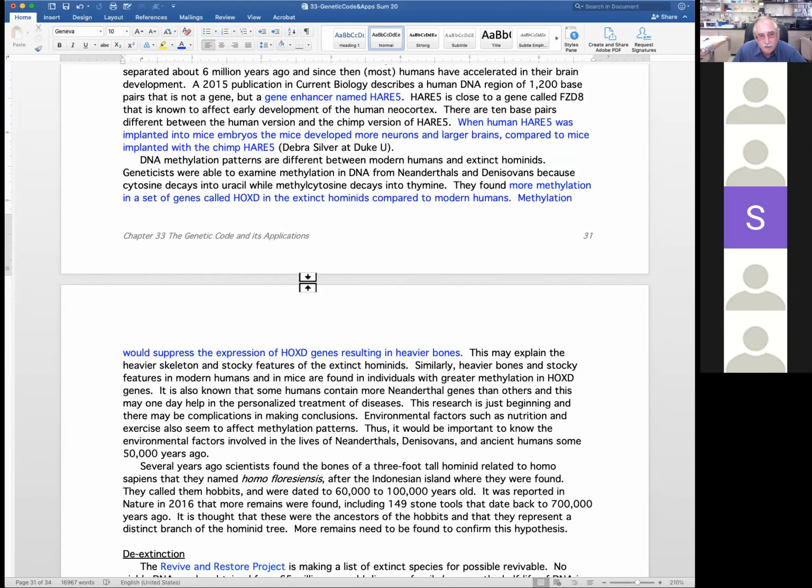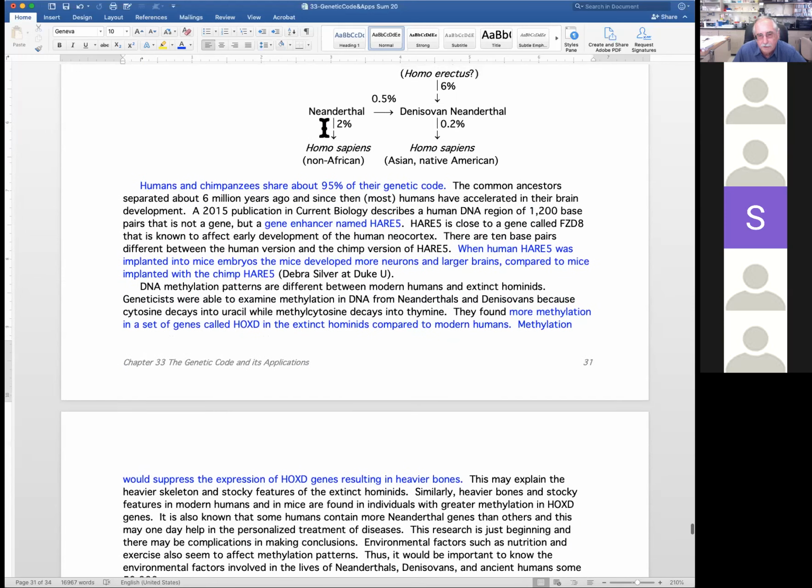So now they're looking at methylation patterns to see how the physiology of something like a Neanderthal could be different when Homo sapiens have so much of the same data, same sequences, right? So that's a very important thing.